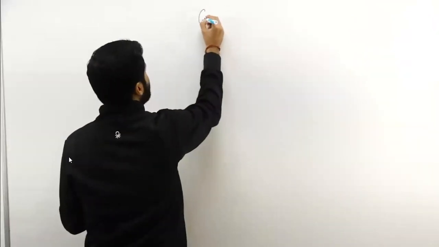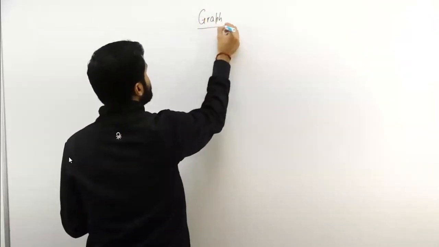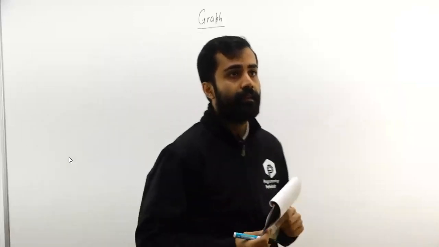What is a graph? Edges and nodes, okay? The second guy also talks about nodes and relationship between those nodes, okay? Cool. So pretty much you guys are right.